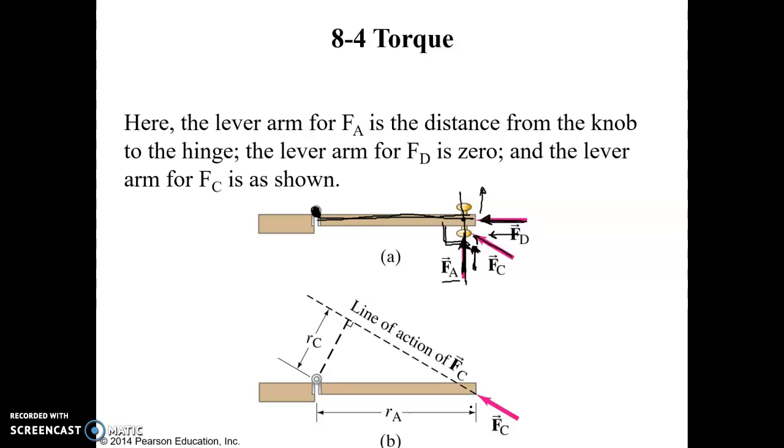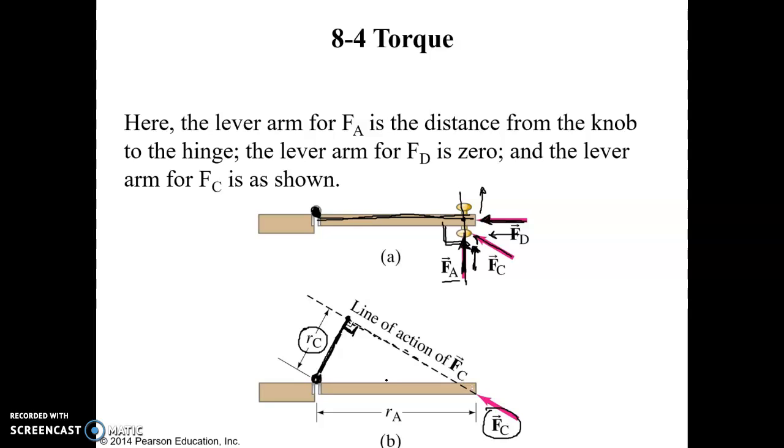Now, an alternate way of looking at that is that if we look at the diagonal force FC, maybe we could extend that imaginary line of action to some point here in space where we can measure a distance from the hinge to that line of action such that it makes a perpendicular right angle, and then we can multiply the full force by whatever this radius is.